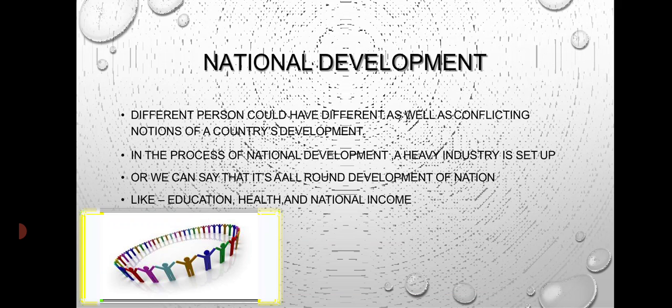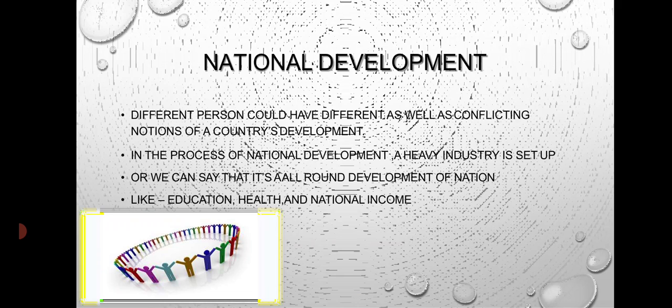Now, we have done in the first part of the chapter that different persons could have different as well as conflicting notions of a country's development. What may be development for one may not be development for the other. It may even be destructive for the other person.